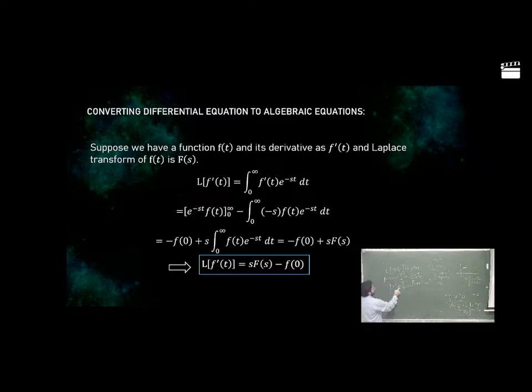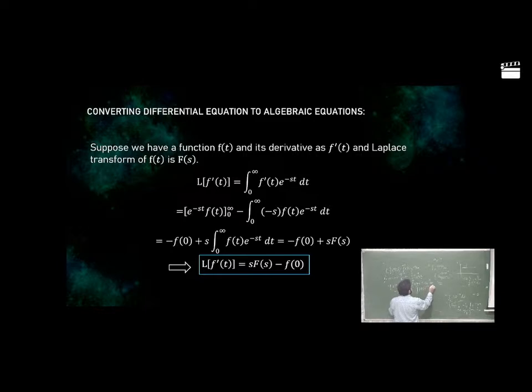So if you put these values, e to the power minus infinity will give you 0, and when you put 0 you will get f(0), minus f(0). And for here, because this integral is over t, s is basically a constant here. So if you take s out, you will get plus s into the integral from 0 to infinity of f(t) e to the power minus st dt.